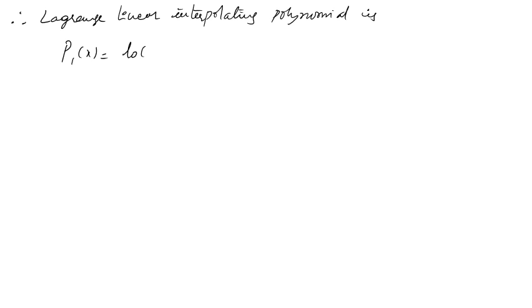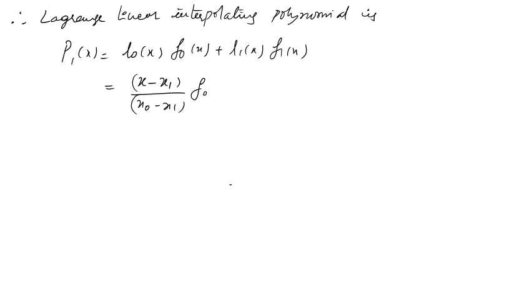What is the formula? L0 x into f0 x plus L1 x into f1 x, right? So this is x minus x1 by x naught minus x1 f of x naught plus x minus x naught by x1 minus x naught f of x1.